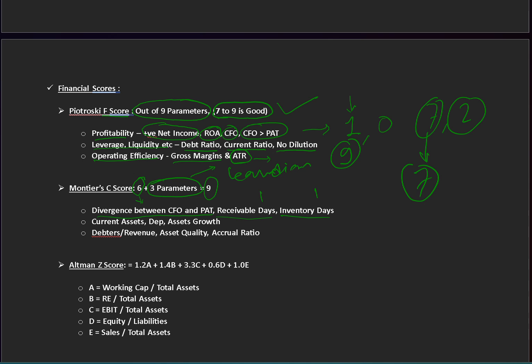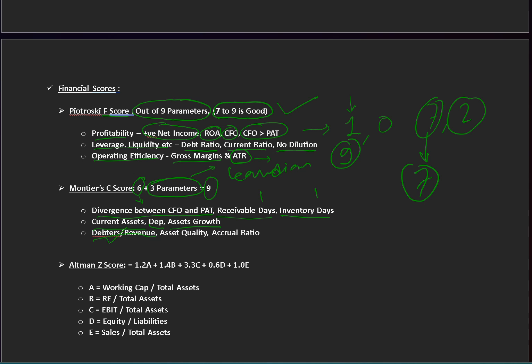Similarly, next is the current assets, then depreciation, assets growth, and the 3 parameters which were added later on: debtors divided by revenue. Okay, this is the ratio. Is it increasing or not? That means the company is selling more on credit and not realizing cash.